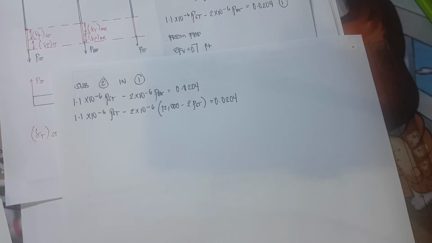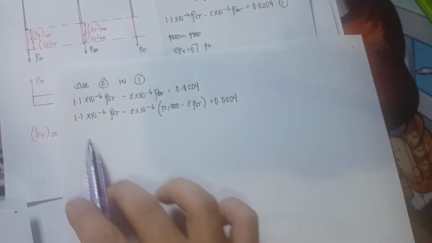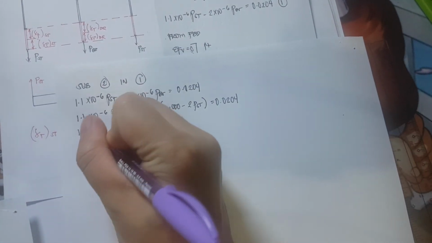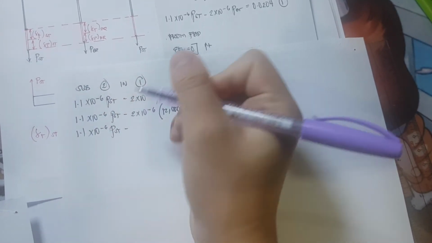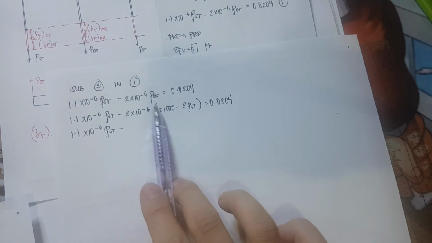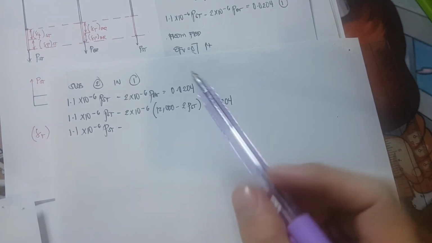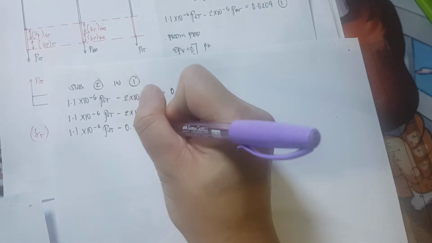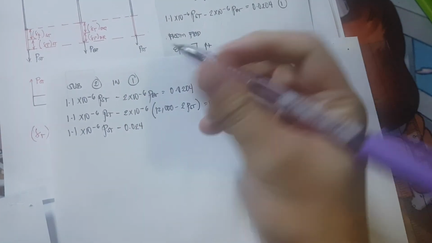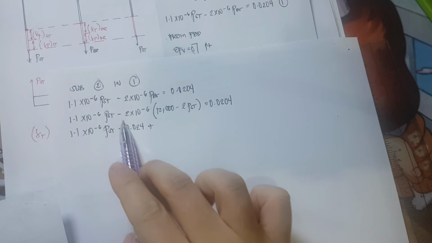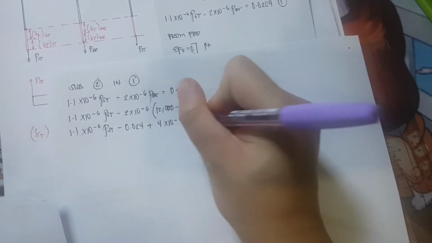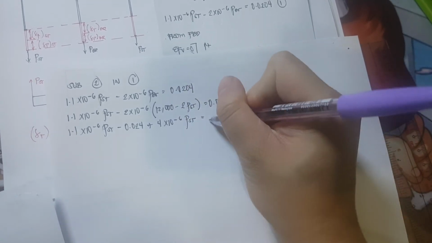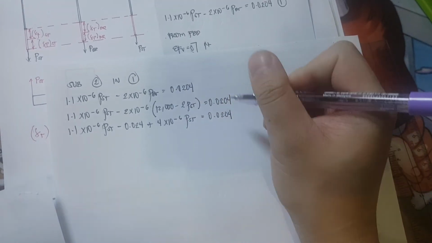So what we need to do is to simplify it further. So we have here 1.1 times 10 raised to negative 6 P of steel minus, distribute this, and that would be equal to negative 0.024 plus, distribute this to this, that would become 4 times 10 raised to negative 6 P of steel is equivalent to 0.0204.